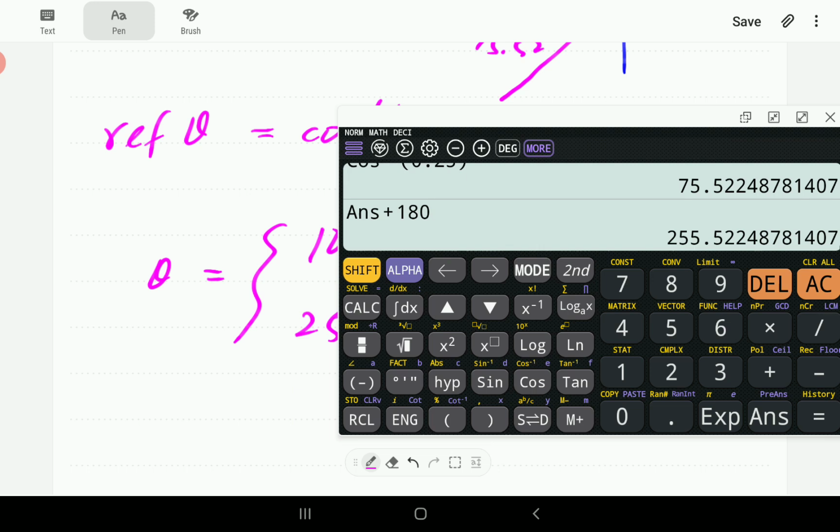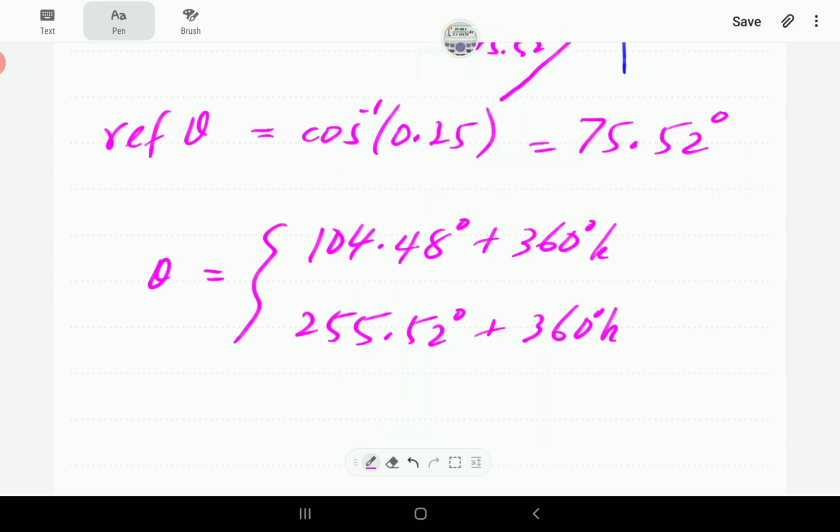We talked about this in class, so we'll go store. I'm going to store it in A. That shows you that we have stored it as A. Now, if I say cosine of that, it should give us 0.25. So I could go cosine, recall A, equals, and that's 0.25. And then you can do the same thing with the other one in the second quadrant. Okay, so that's the general solution.